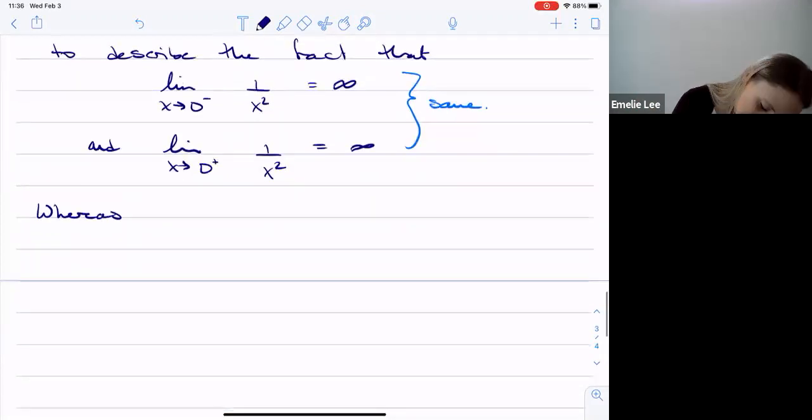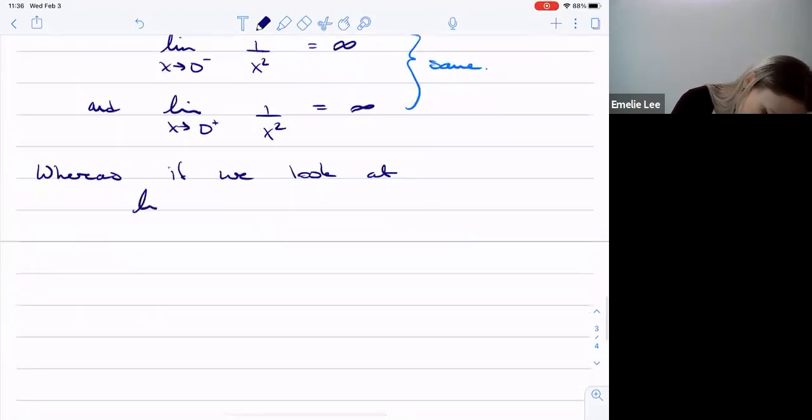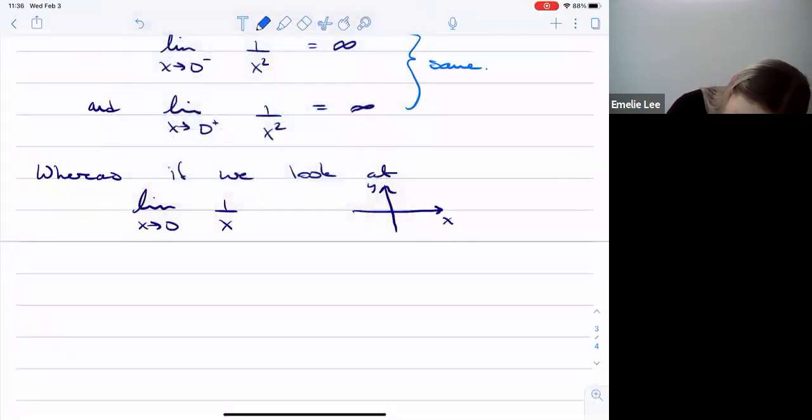So if we look at the limit as x goes to 0 of 1 over x, and if I just draw 1 over x here, I'll use different colors. 1 over x, remember, kind of looks like this. It looks like it's crossing the y-axis.